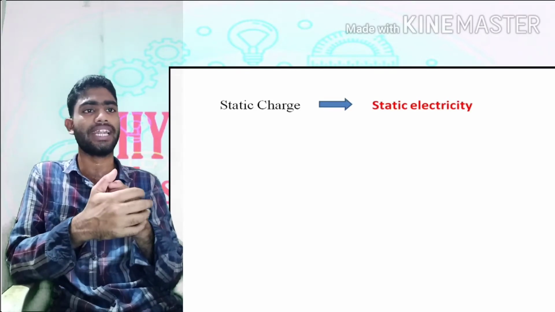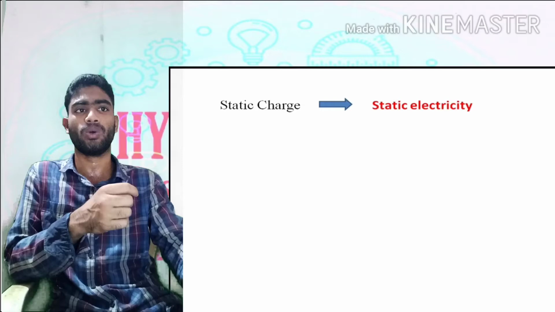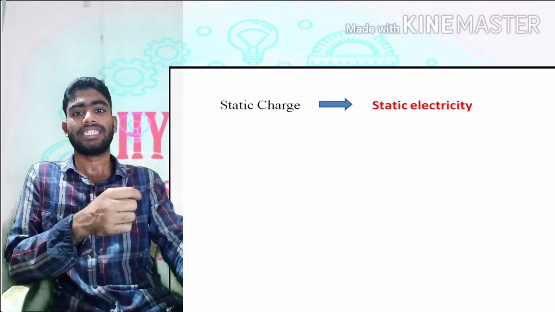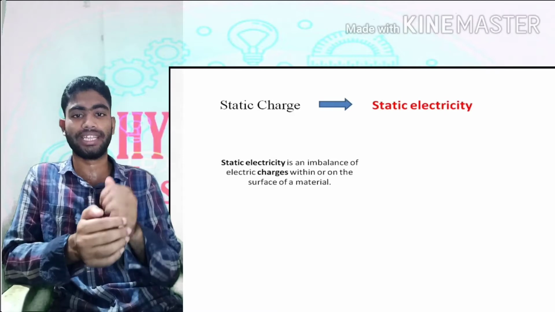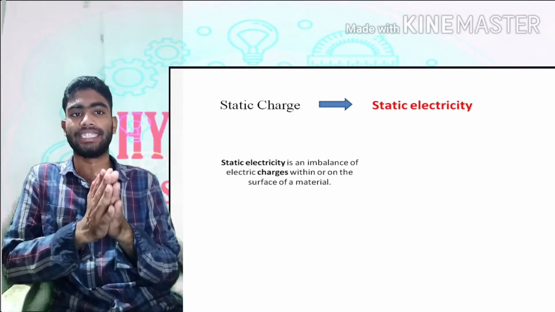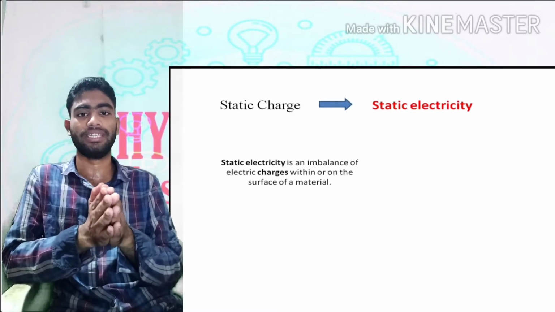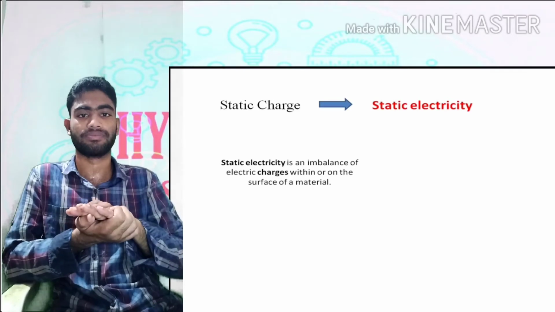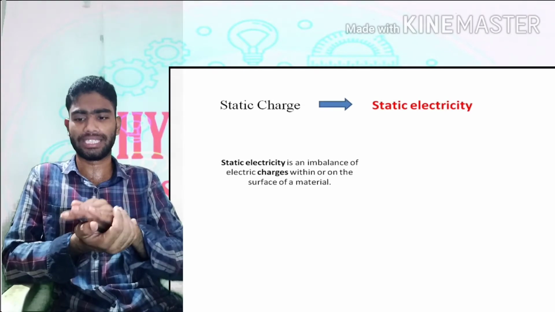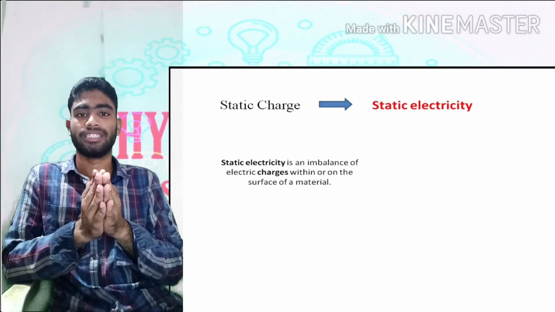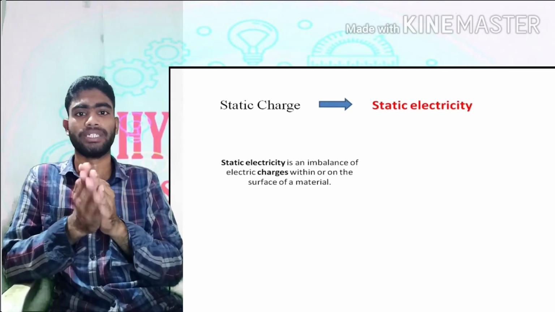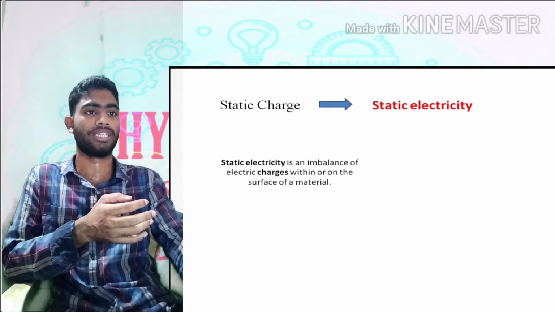So what do you mean by static electricity? Static electricity is an imbalance of electric charges on the surface of a matter. What do you mean by imbalance? If you take the number of positive charges and the number of negative charges, look at this figure.